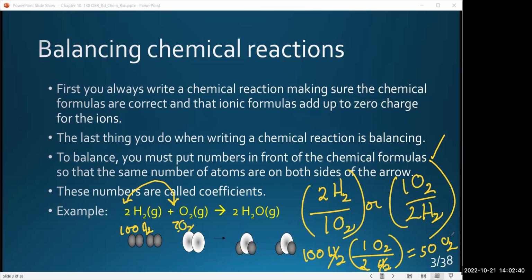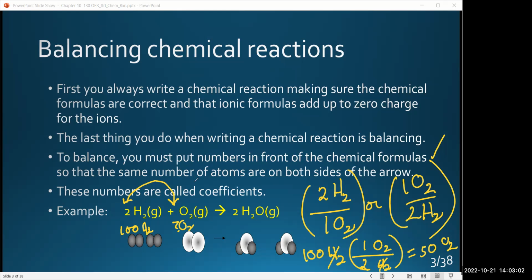I can't go directly unless I go through the units of mole, and that's the common factor. Analogous to fruit, apples, bananas. I can't go from an apple to a banana, but what they have in common is the unit of fruit. If I have a conversion factor, boom, I can convert, okay?